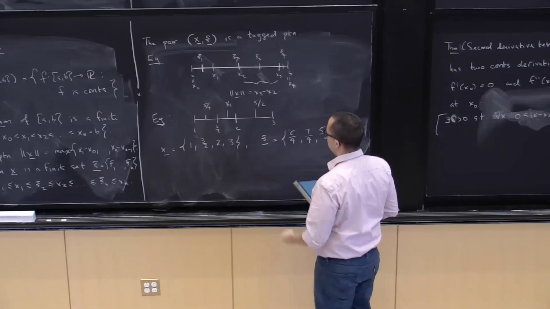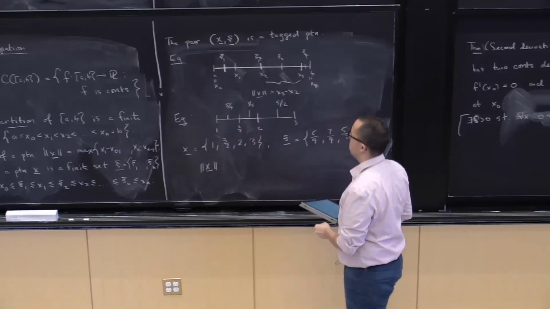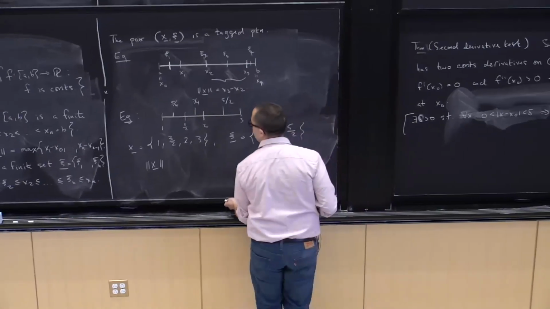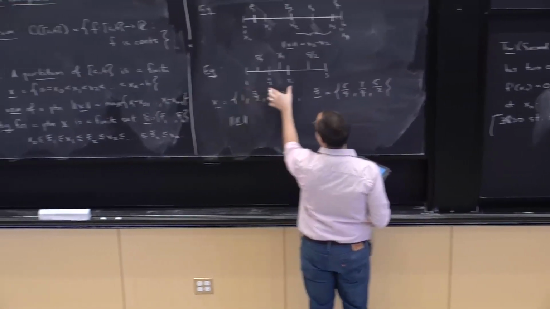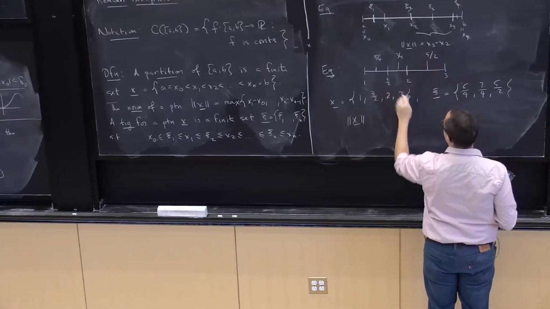Okay, and then the norm of this partition is the maximum of the lengths of these smaller subintervals here. Not the ones using c, but the ones with the partition points.